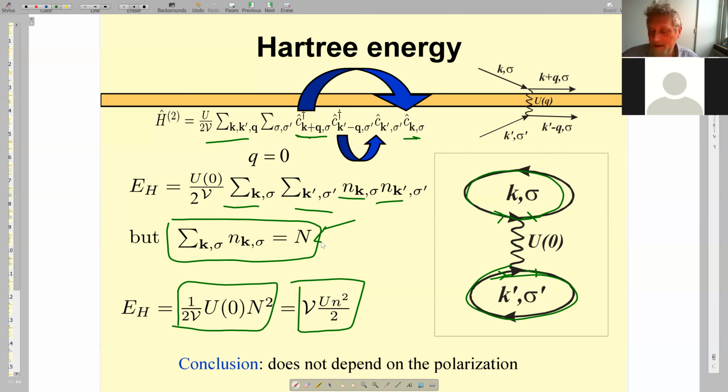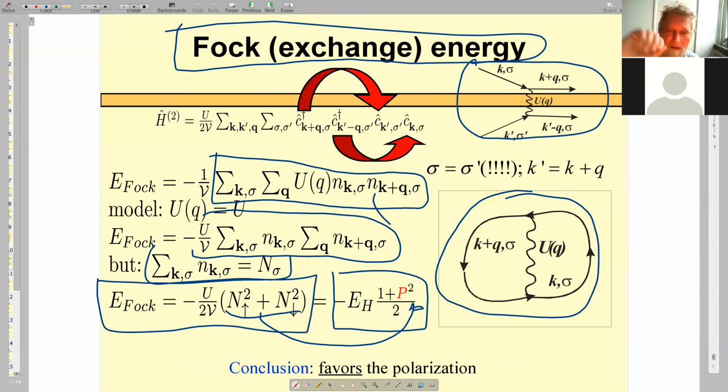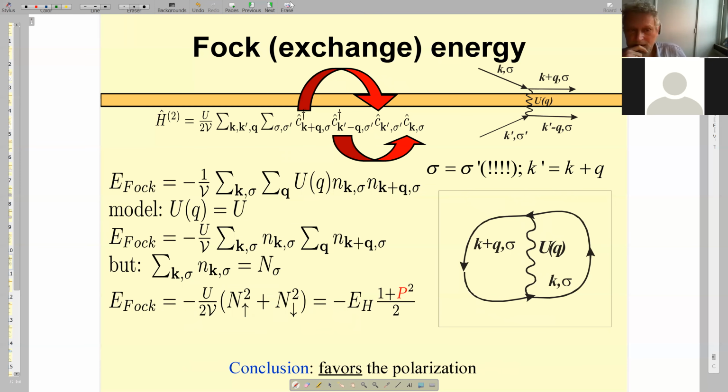So let me try another term. Let me try another connection of creation and annihilation operators. Good, so I connected in the right way. And remember, I got a minus sign in my calculation.